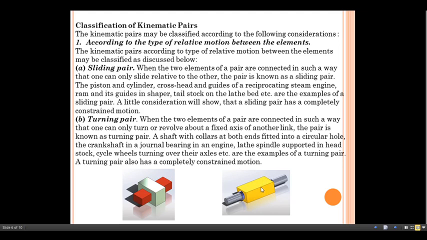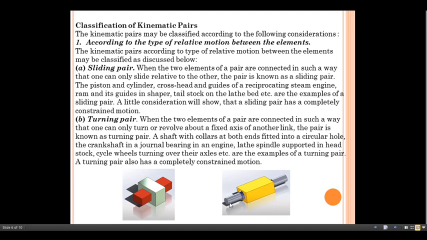Okay, this is the example. The crank in journal bearing in an engine, then lathe spindle supported in headstock, cycle wheels turning over their axles, etc. are the examples of turning pair. A turning pair also has completely constrained motion.